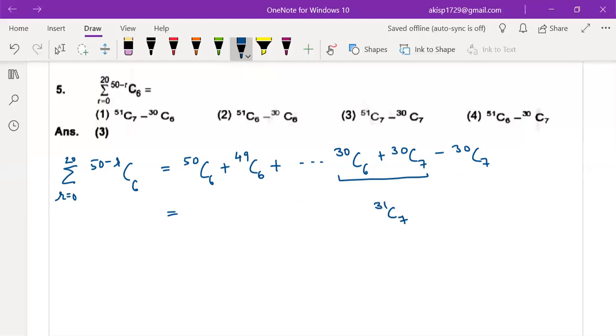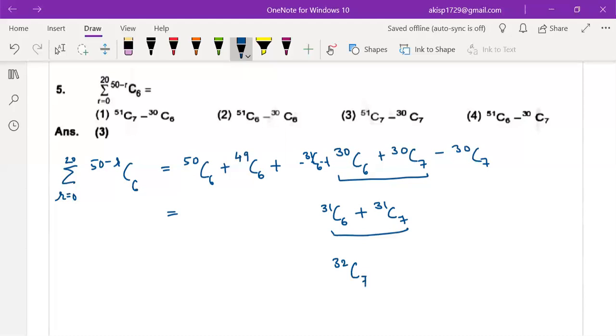But you see, the prior term to this was 31 C 6. So now I have a 31 C 6 to work with these two. Now using the same logic, these two terms will add up to 32 C 7.